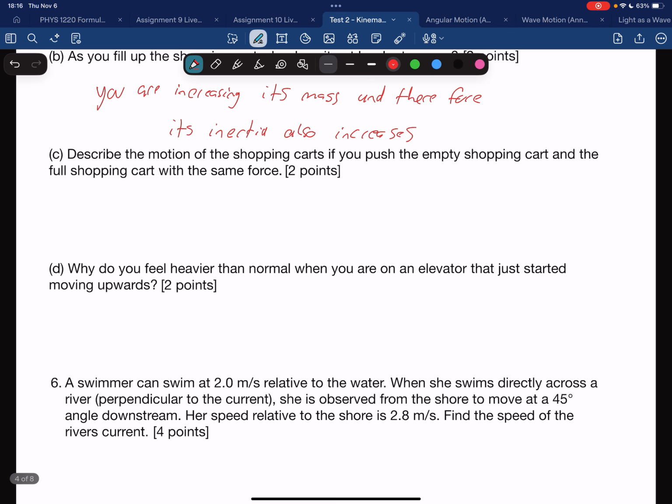So, part C, describe the motion of the shopping carts if you push the empty shopping cart and the full shopping cart with the same force. So, the empty cart will accelerate faster because it has a smaller inertia.